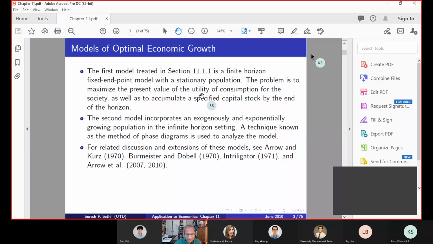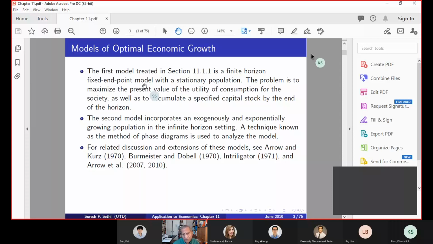The first model treated in economics was a model of optimal economic growth. Section 11.1.1 is a finite horizon fixed endpoint problem with a stationary population.